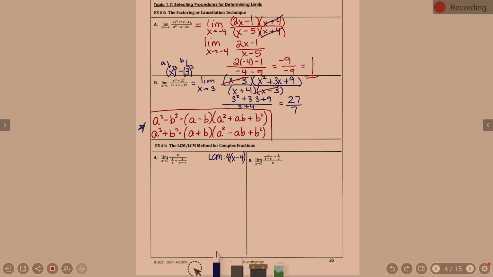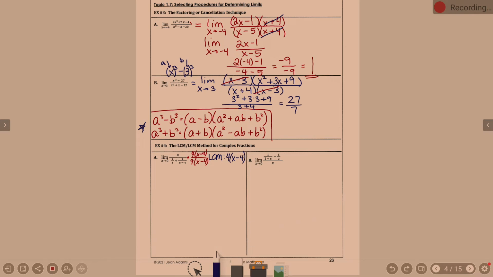So what we're going to do is multiply my fraction by that least common multiple on bottom and on top. I'm going to multiply the top by 4 times x minus 4, and I'm going to multiply the denominator by 4 times x minus 4.